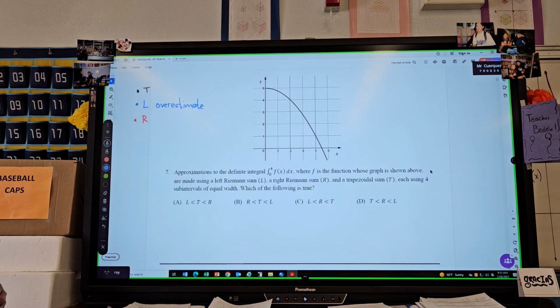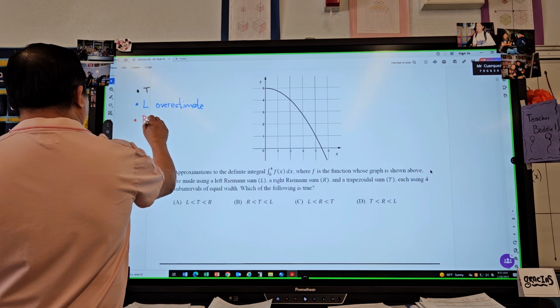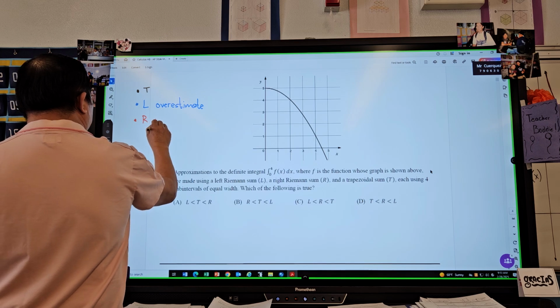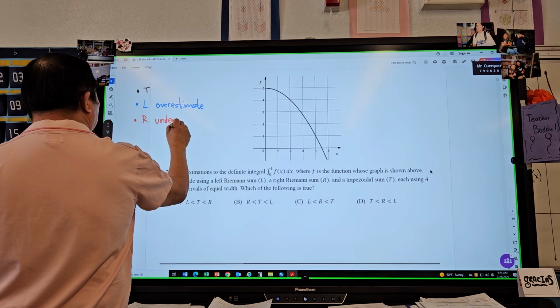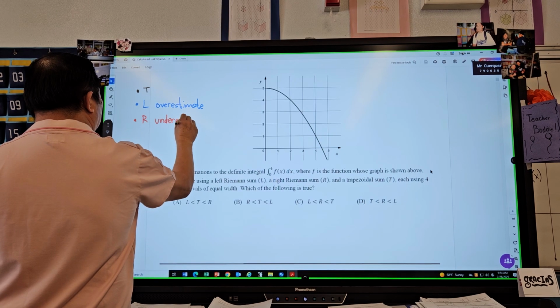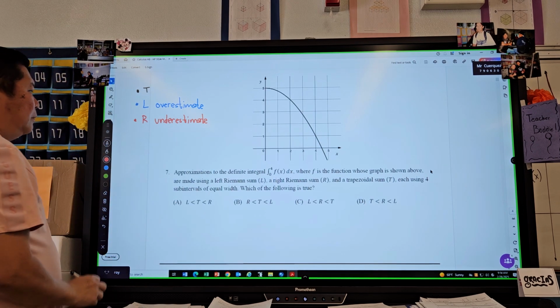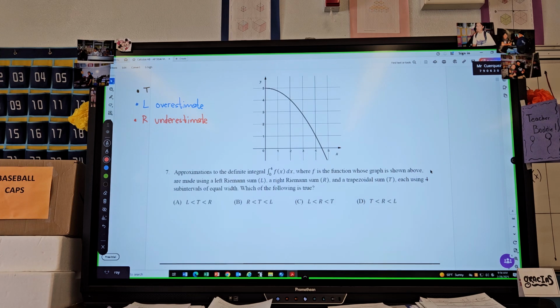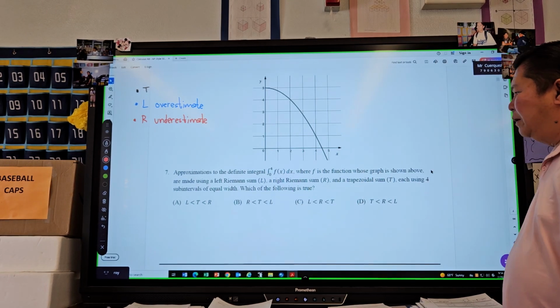Underestimate. Okay. So underestimate. It's red color. Okay, underestimate. So we're going to do color coding now from interval 0 to 4.